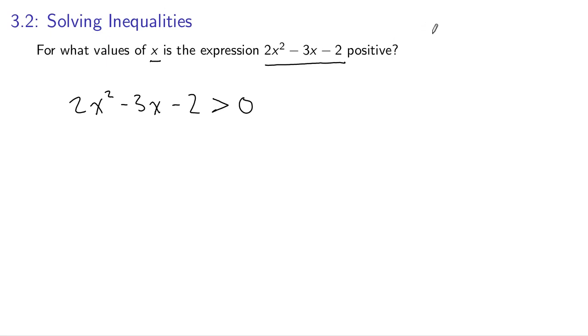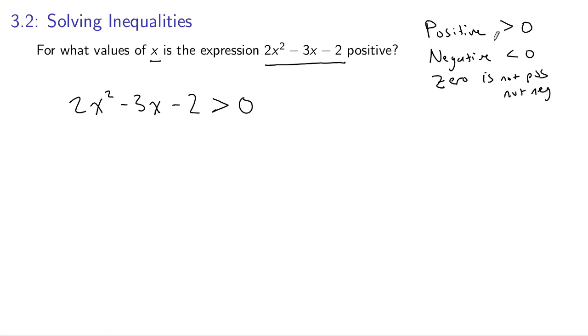Let's take a moment to talk about that. Positive is greater than 0. Negative is less than 0, which means 0 is special. 0 is not positive, and 0 is also not negative. It's neither positive nor negative.